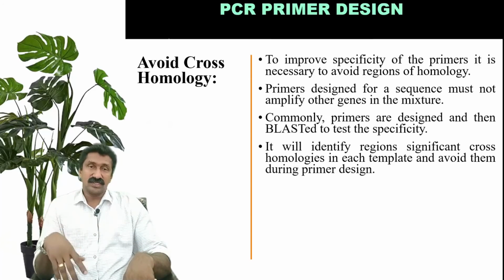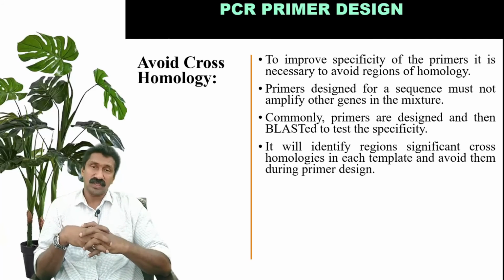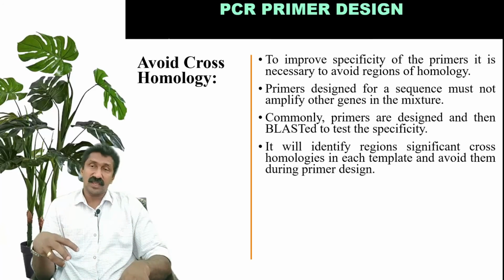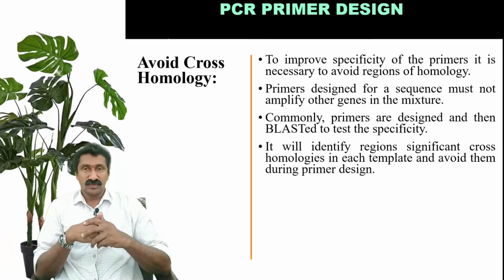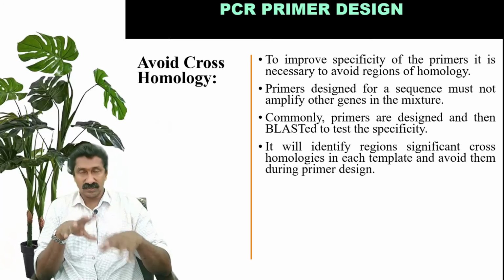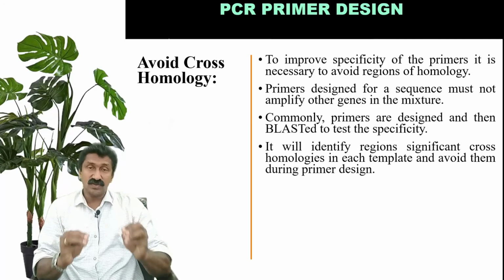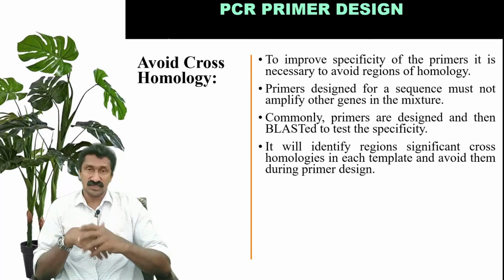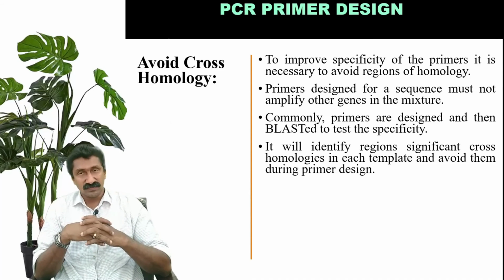If there is a homologous region in the same gene or in the same DNA, and the primer binds there and amplifies that one also, then that is another case of cross homology, where your primer will non-specifically amplify a non-target region or a homologous region which is not intended for amplification. So in short, your primer should be specific to your target and it should not match any other region.